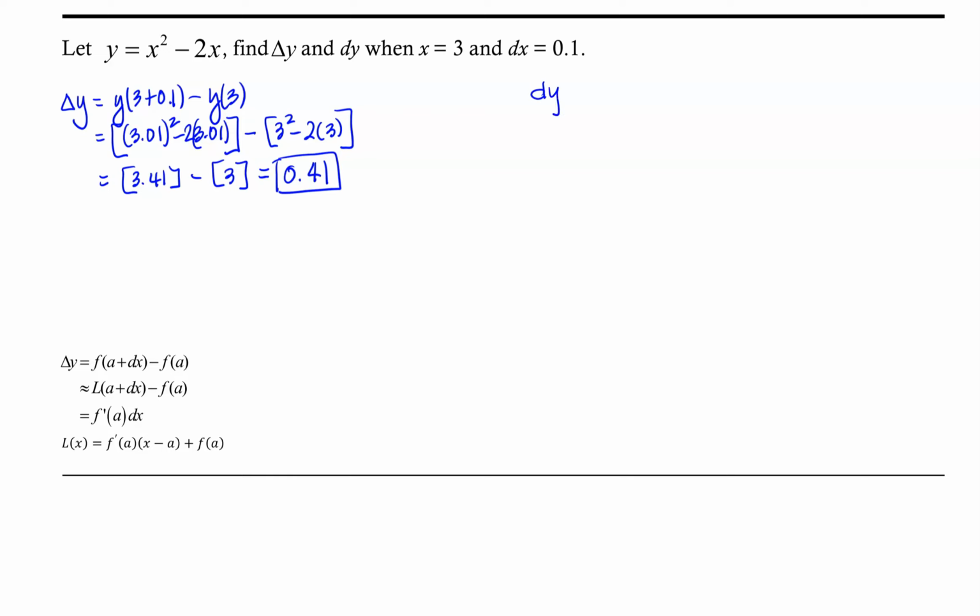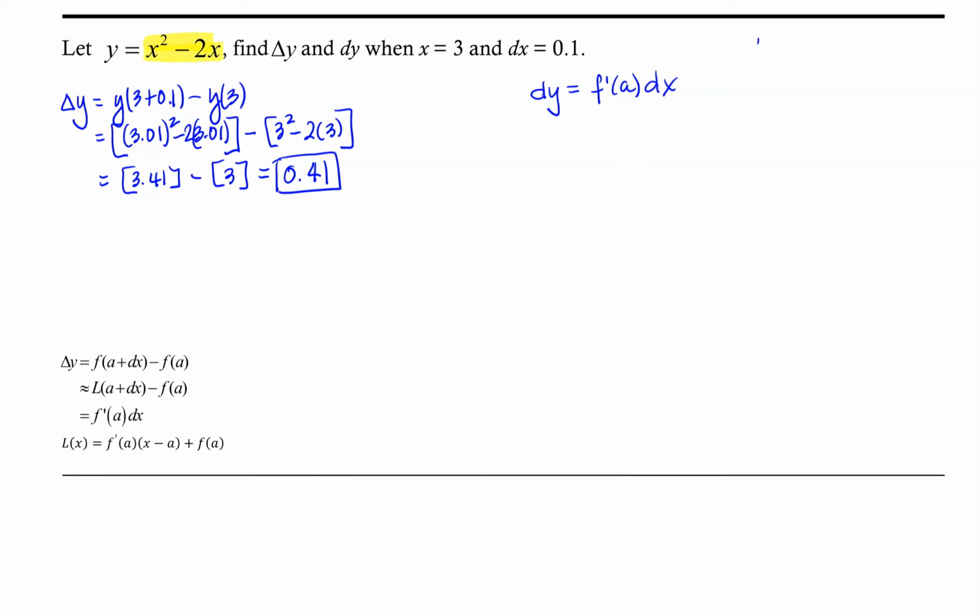Dy, on the other hand, is equal to f prime at a times dx. Now, to find this, I need to know what f prime is. f is our function here that defines y.